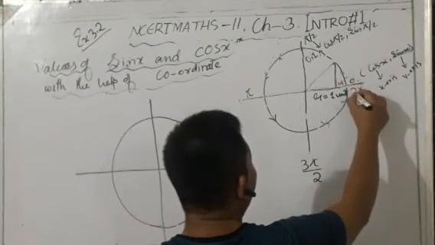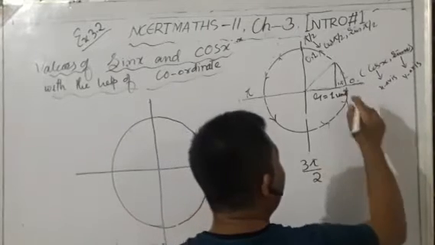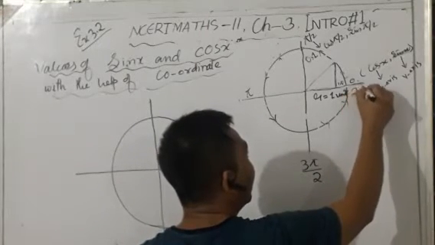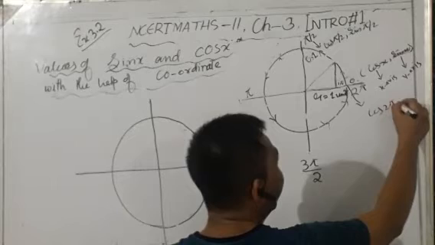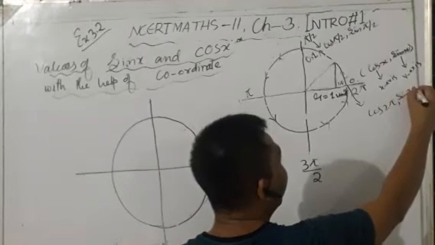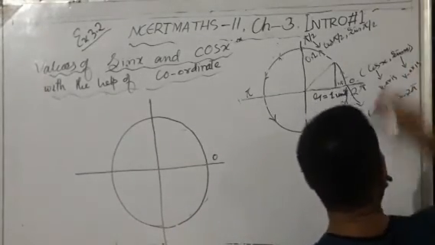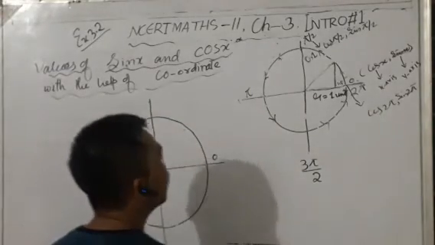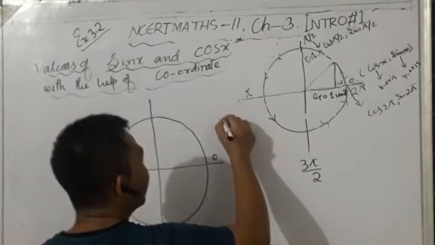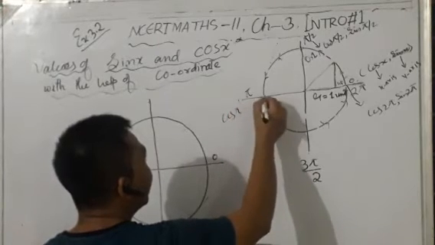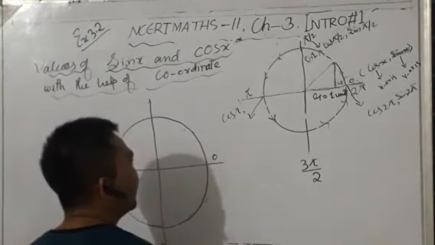Here this angle will be cos 2 pi and sin 2 pi. And this one will be cos pi.